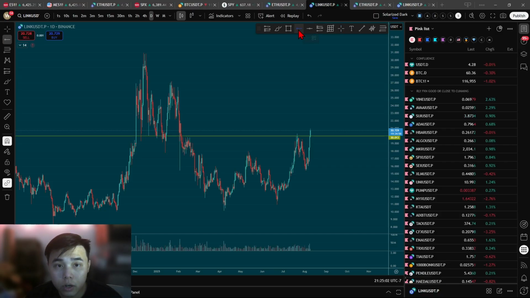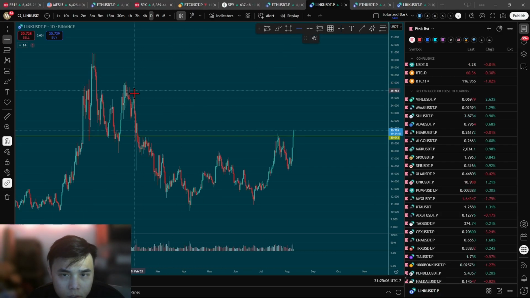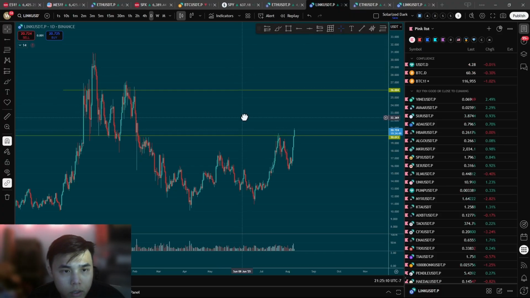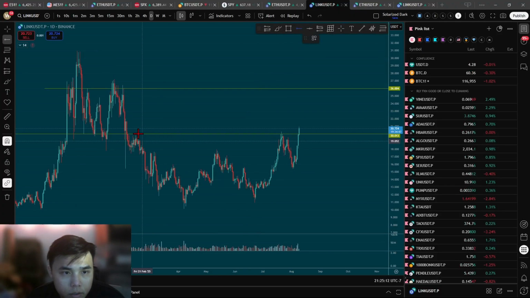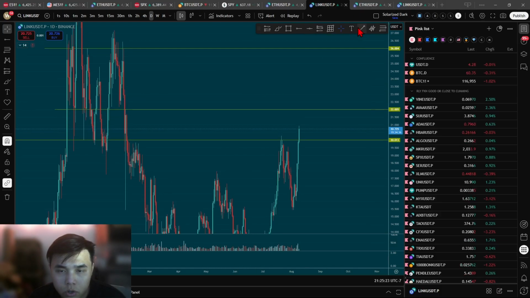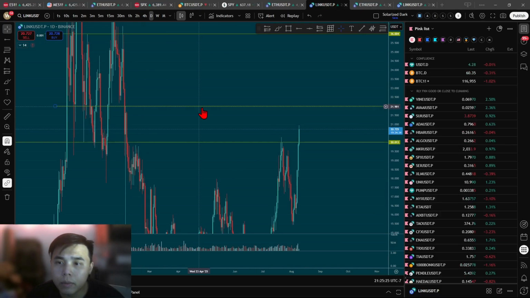Now, as for targets, you could use 26. This was my target. There's also a very small cluster at 22-ish that could be interesting to use as a target. That's my initial target if it loses strength and stuff. But yeah.